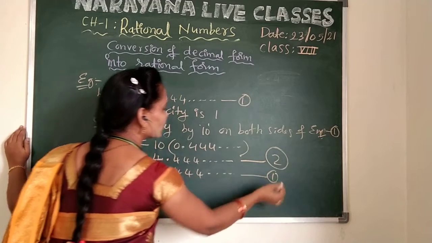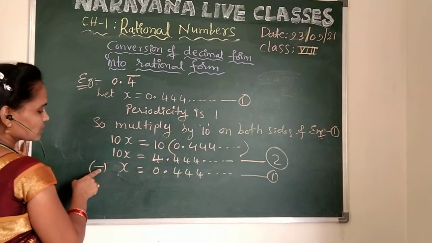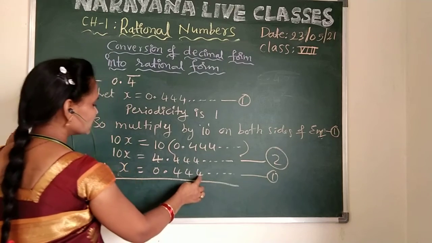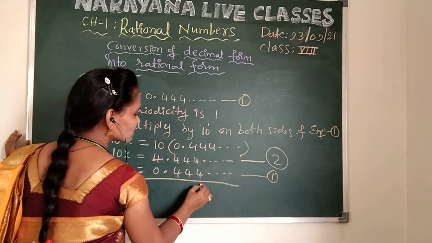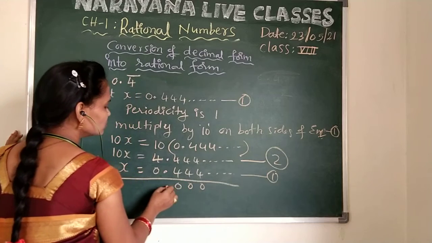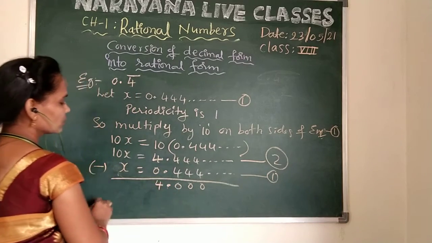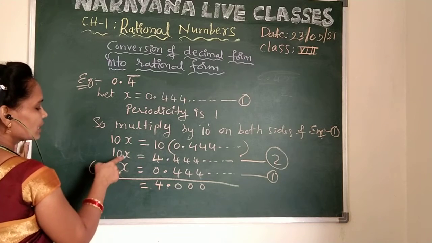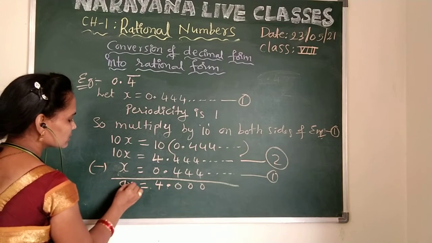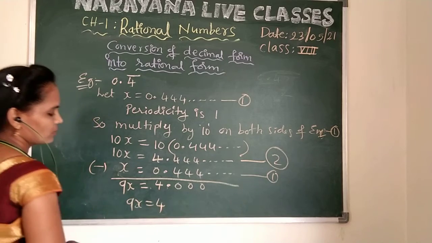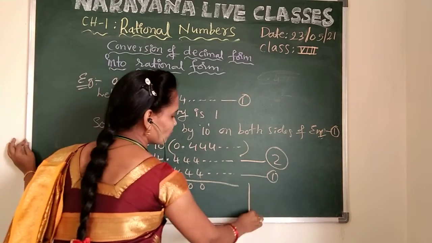While subtracting, 4 minus 4 is 0, 0, 0, the decimal point as it is, and here 4 minus 0 is 4 only. On the left, 10x minus x is 9x. So 9x equals 4.